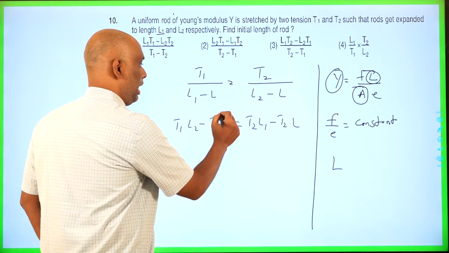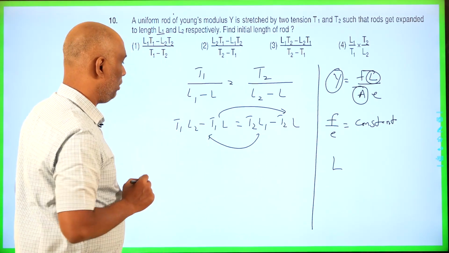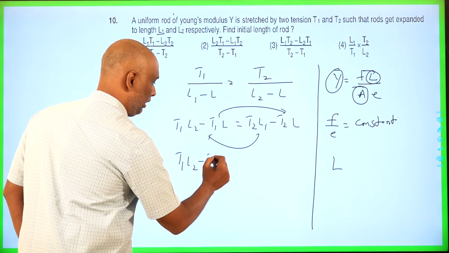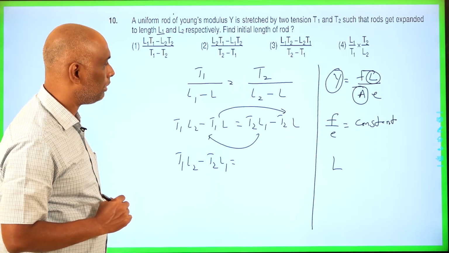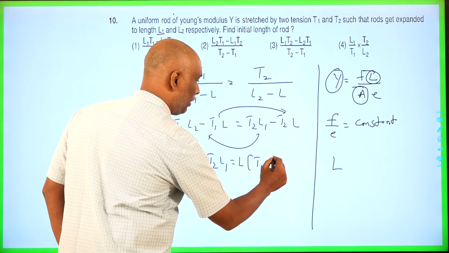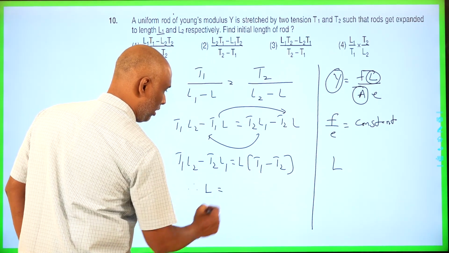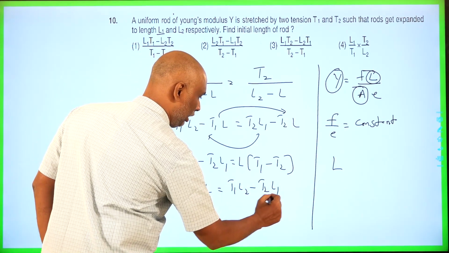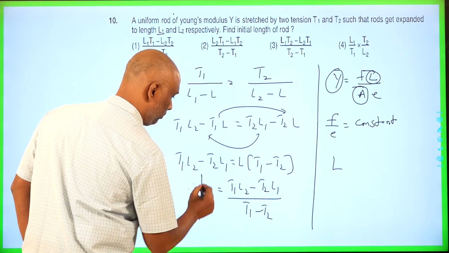Our aim is to find out the actual length of the rod. So for that, I'll transpose this term to the right hand side, and this term to the left hand side. Then from this equation we are going to get T1L2 minus T2L1 should be equal to, when I take L common, L into (T1 minus T2). Therefore, the length of the rod will be equal to T1L2 minus T2L1 whole divided by T1 minus T2.